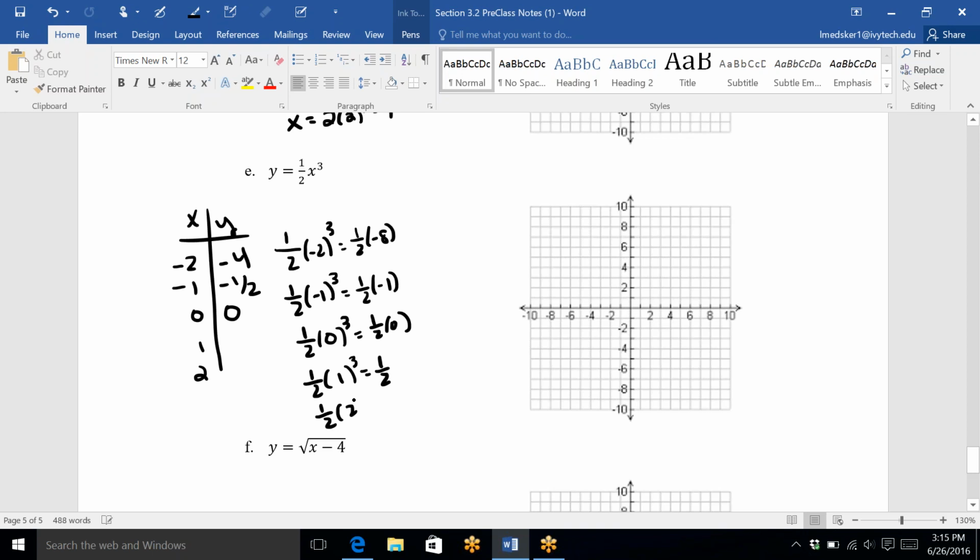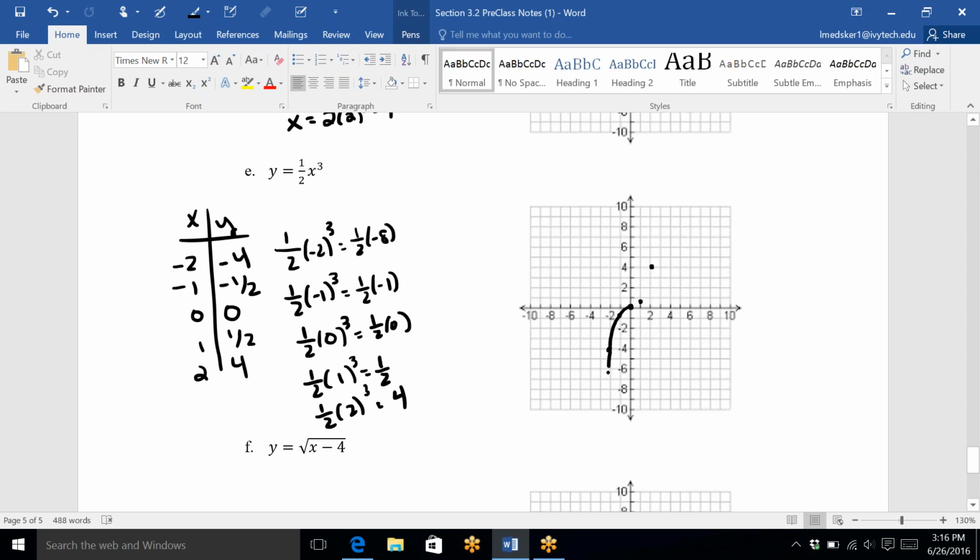And 1/2 of +2 cubed would be 1/2 of +8, so that is going to be 4. So similarities here, but this is a negative and this is a positive because cubes keep their signs. So -2, -4; -1, -1/2; 0, 0; 1, 1/2; and 2, 4.